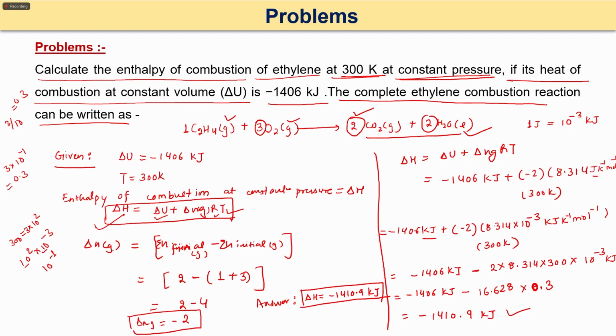In order to calculate delta Ng, this is very important: we have to take the moles of only gaseous species. Okay. So that was the trick of this question. You have to take only the moles for the gaseous species. After that we calculated delta Ng, and then we substituted these values in this equation and solved it to get our final answer.